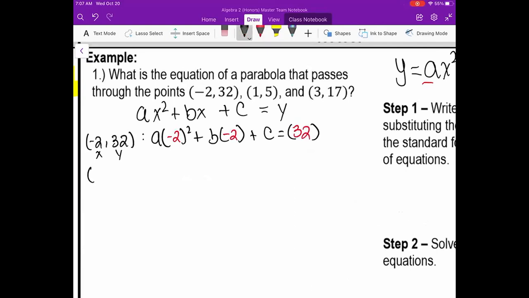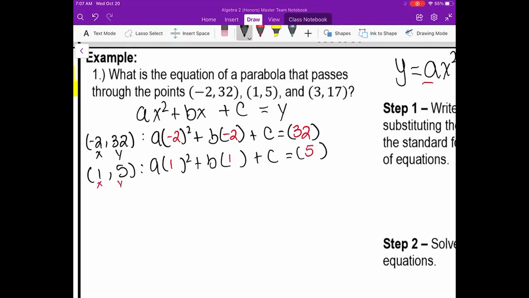Then I'm going to use the second point, which is (1, 5), and do the same thing. I've got ax squared plus bx plus c equals y. For every x, I'm going to plug in 1. For every y, I'm going to plug in 5. And again, this is x, this is y.